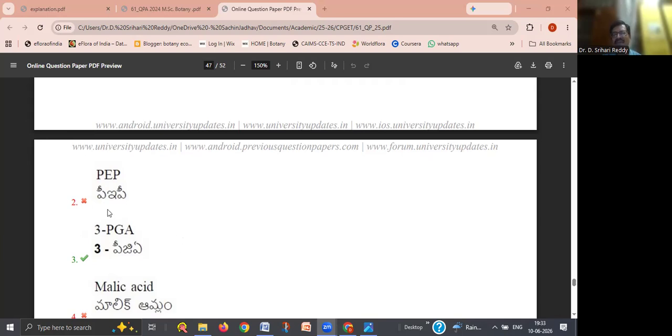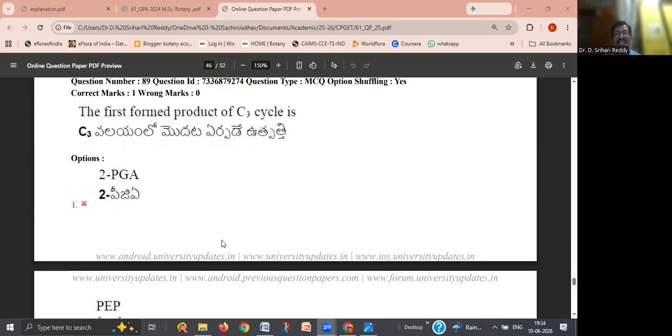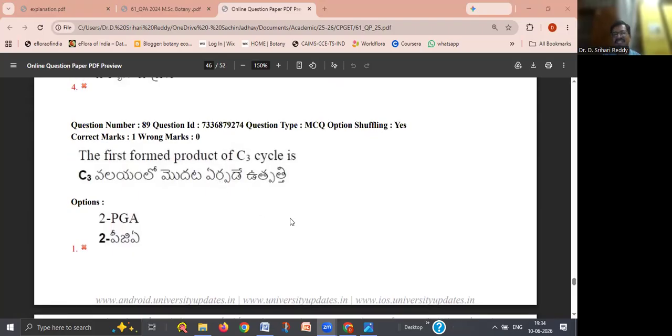It is a 3-carbon compound, phosphoglyceric acid. So this cycle is called the C3 cycle.